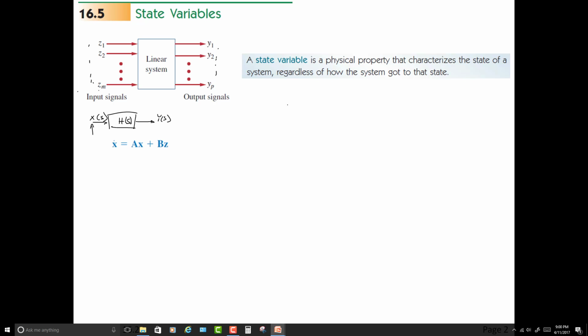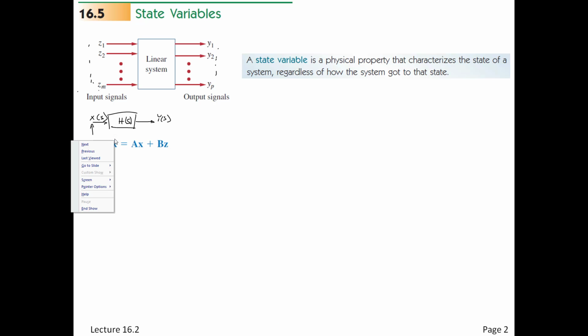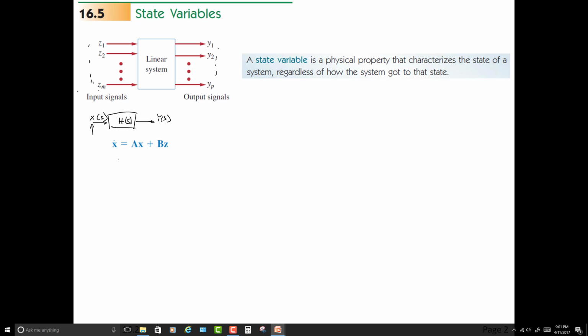All right. So here is a commonly occurring thing. You can barely see the dot here, but there is one. The point of that dot is to say that that's the derivative, the differential of x.